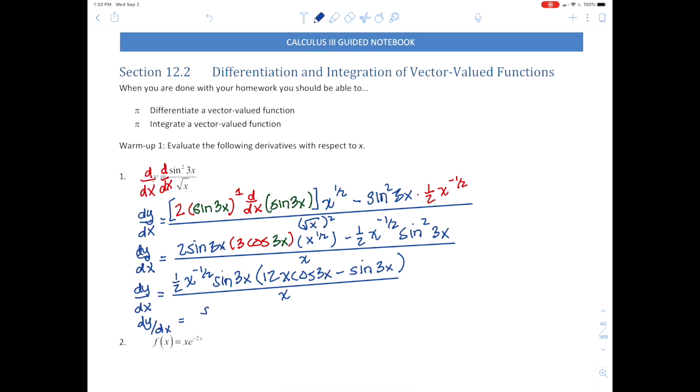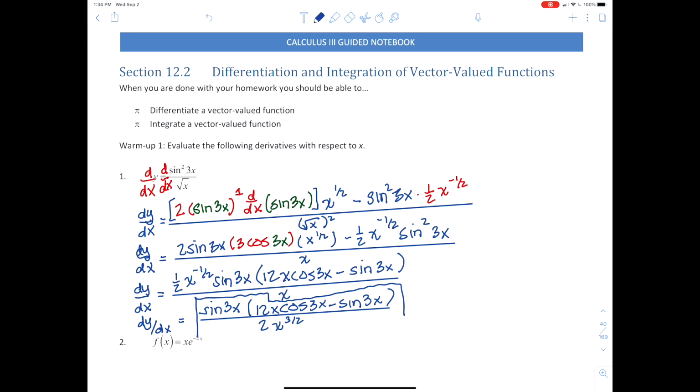So I believe we'll end up with dy dx equals sine of 3x times 12x times cosine of 3x minus sine of 3x, all over 2x to the, so x to the 1/2 times x is going to be x to the 3/2. Cool? All right, so we're done with that first one. Sorry, I didn't leave very much space for that. Actually, I want to be able to see this problem better.